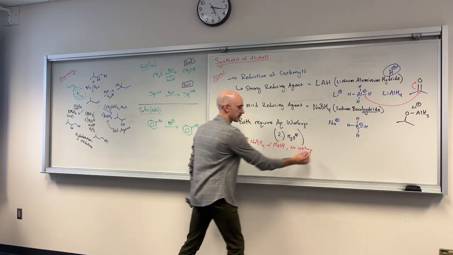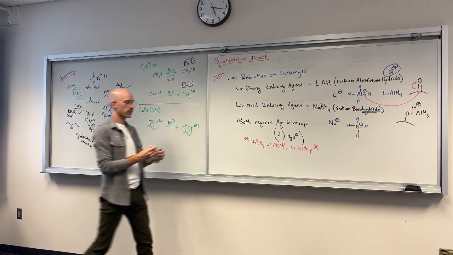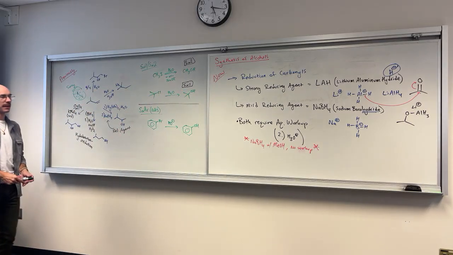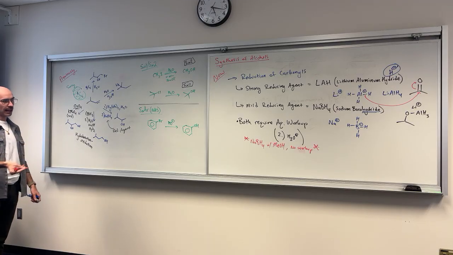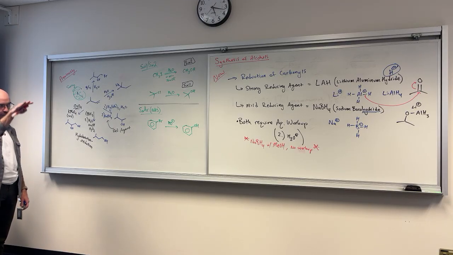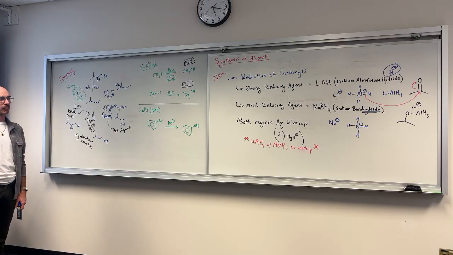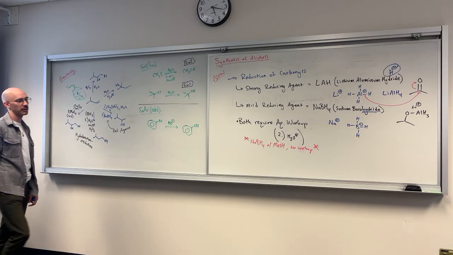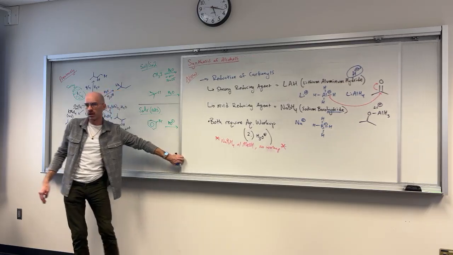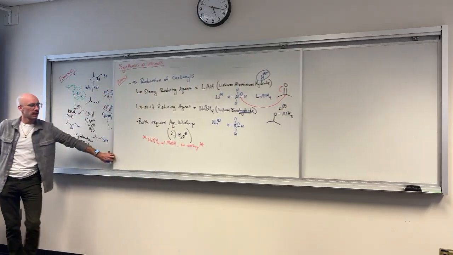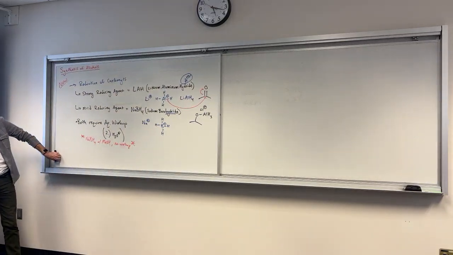So if you see this on your homework, just understand that's kind of replacing the aqueous workup. I am going to show you exactly how I want you to send it back to me. First NaBH4, second H3O+. But if you do give me NaBH4 with methanol, it's correct, so I'm not going to mark it wrong. You just won't see it as my version of showing it.